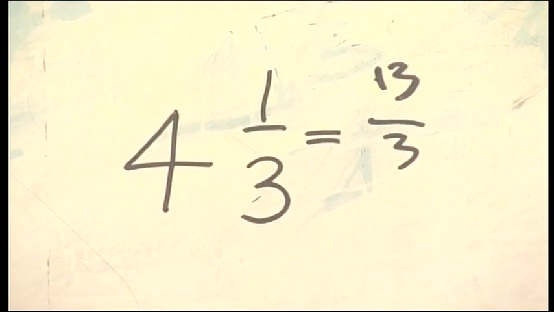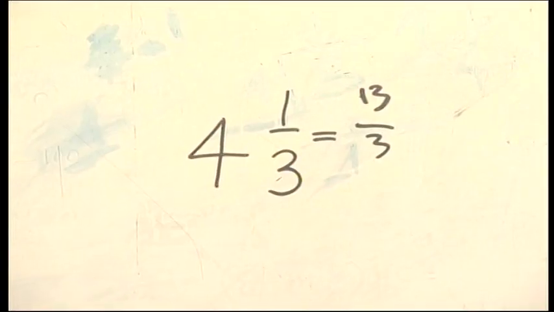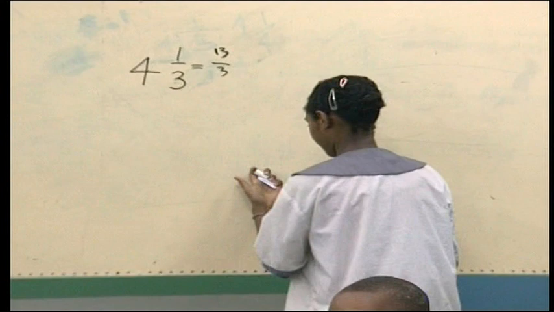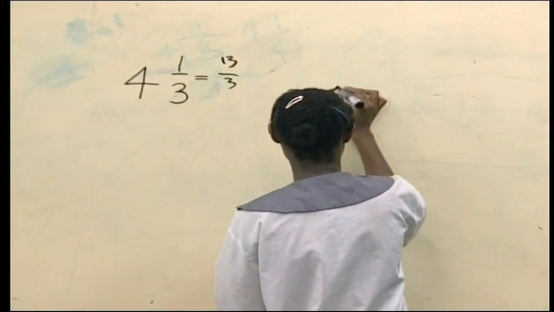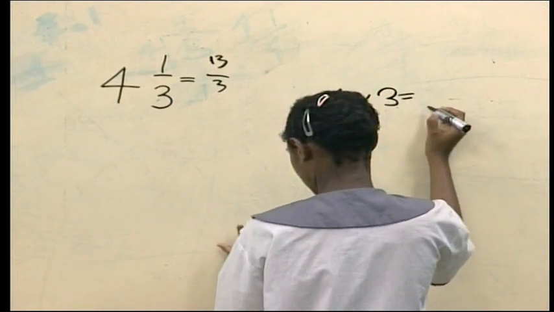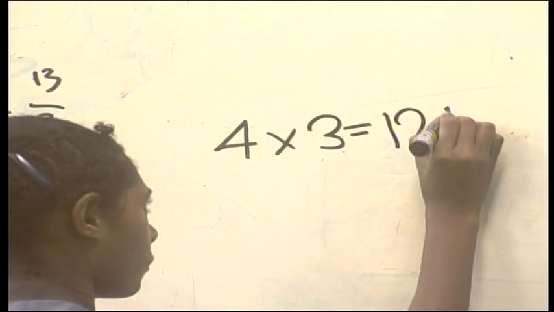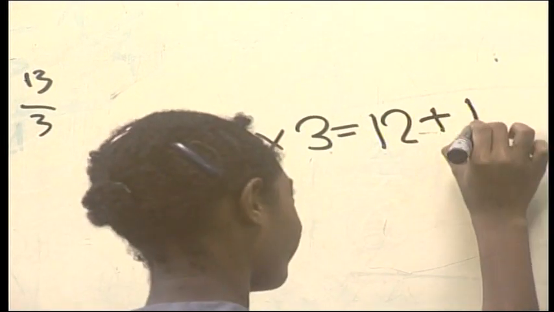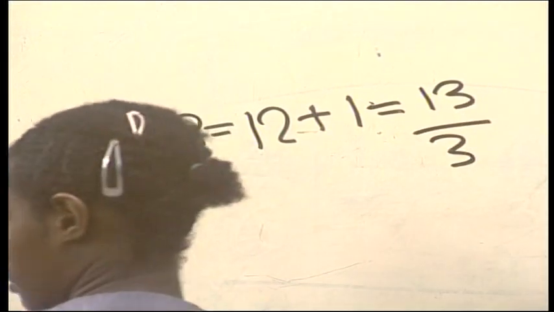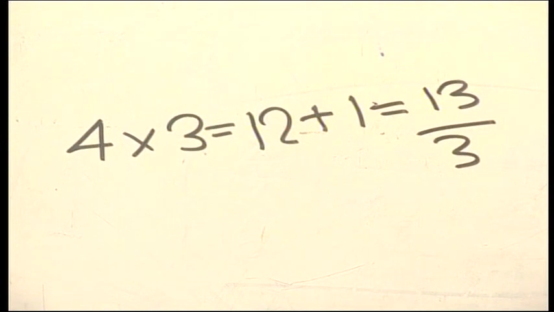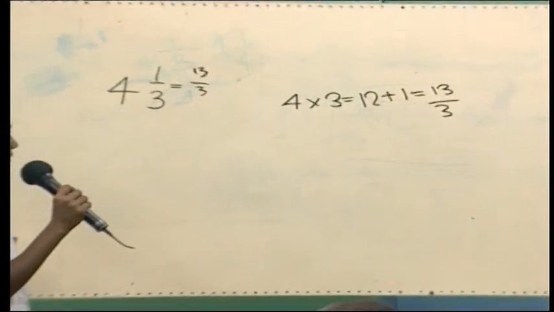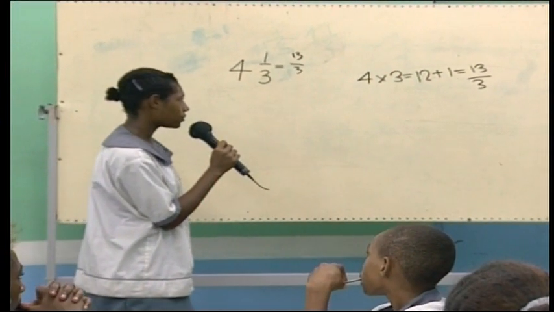Receiving students? All right, Glenda? You can start here. All right, Glenda, please explain to the class. 4 times 3 equals 12, plus 1 equals 13.